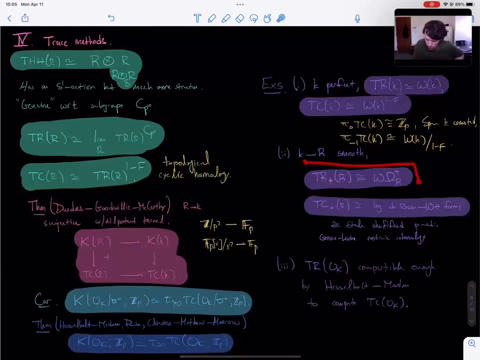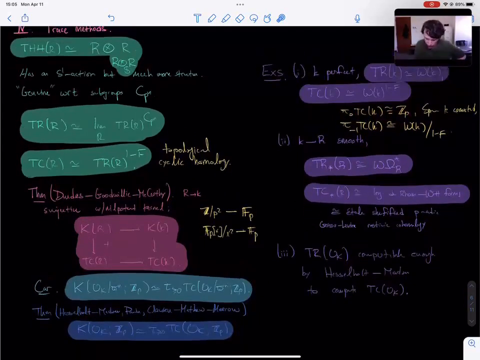In the smooth case, these TR groups are related to de Rham-Witt forms, which are used to compute crystalline cohomology. And so TC has some connection to crystalline cohomology. And TR of rings of integers like OK was at least attackable enough for Hesselholt-Madsen to eventually compute TC of OK, which is close to the K theory of OK.